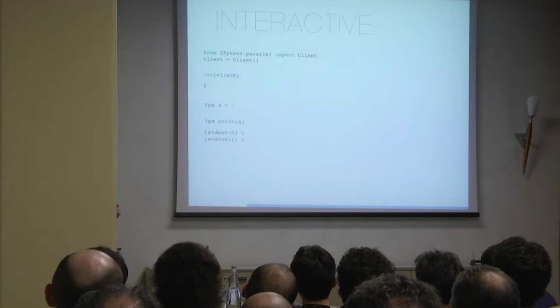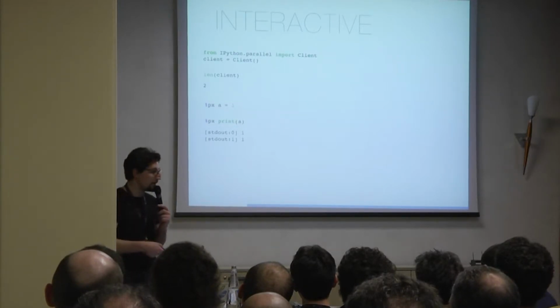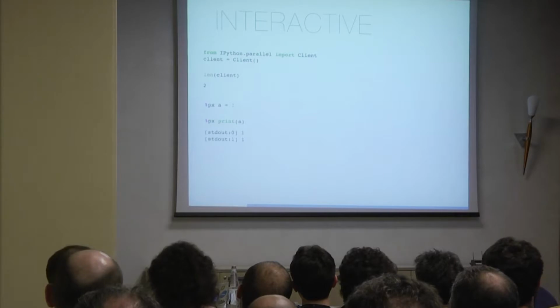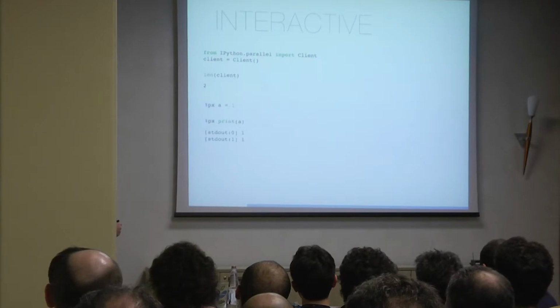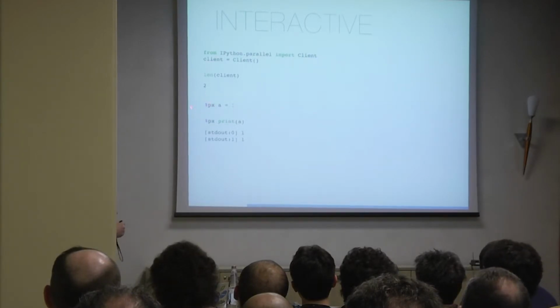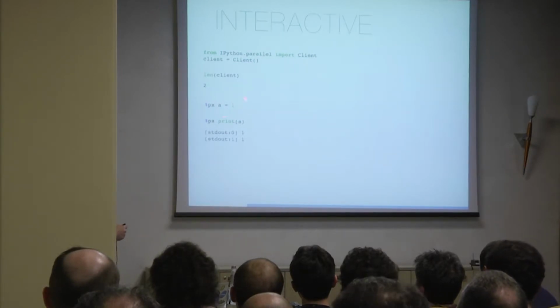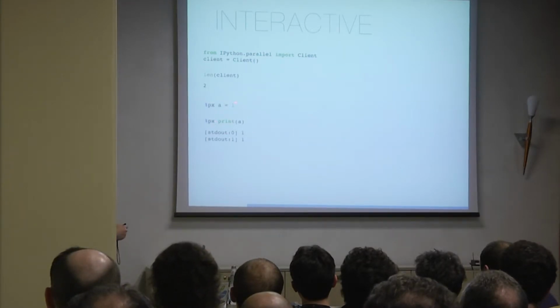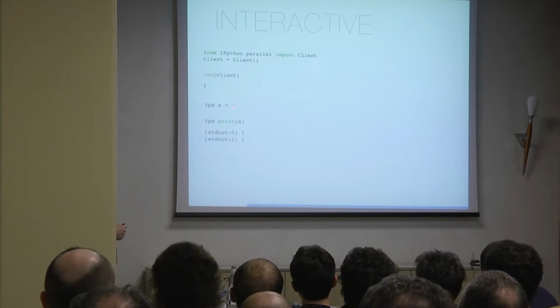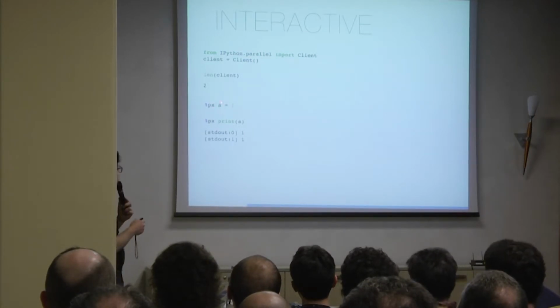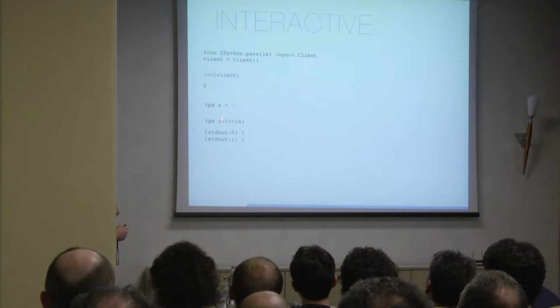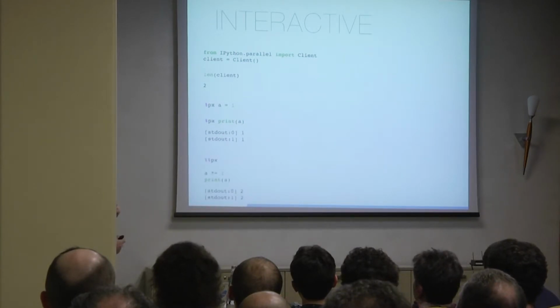One of the greatest features IPython parallel has is that it is completely interactive, so we might exploit the IPython magics to control the execution. If we use this magic, we're basically telling that we want to execute these instructions on all the processes. So in this case, we're assigning the value of 1 to A and printing A for the two processes running in the background.